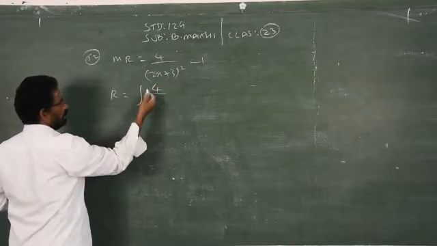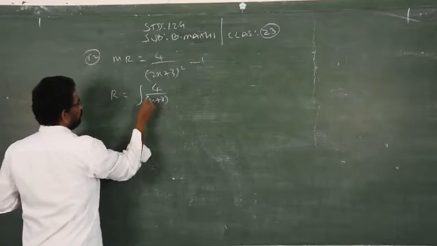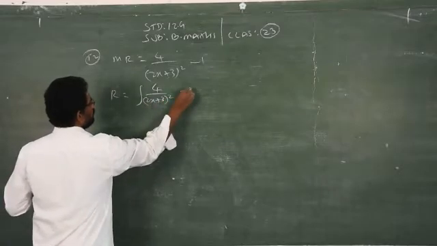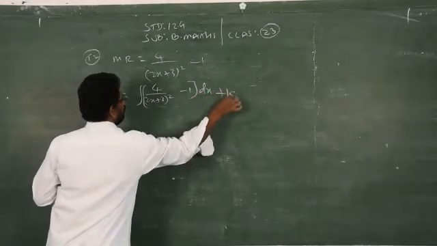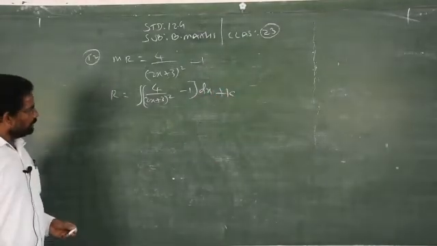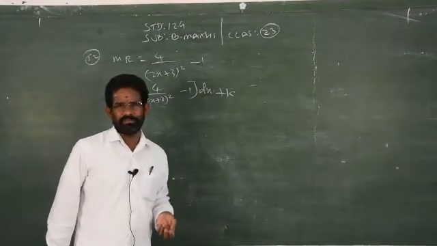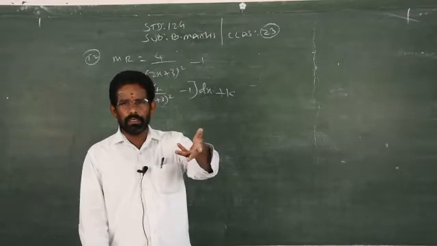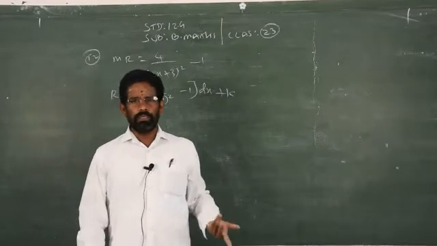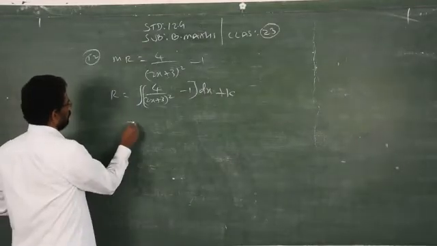You have to write the formula, but I write straight away: replace MR by 4 over (2x plus 3) the whole square minus 1, into dx plus k. Why am I using the indefinite integral? Because there is no information about the number of units. If there is any information about the number of units, you will go for the definite integral. Here there is no number of units, therefore you can go for the indefinite integral.